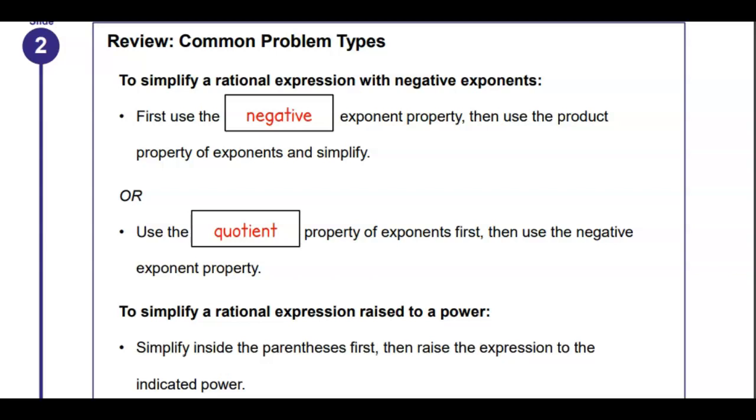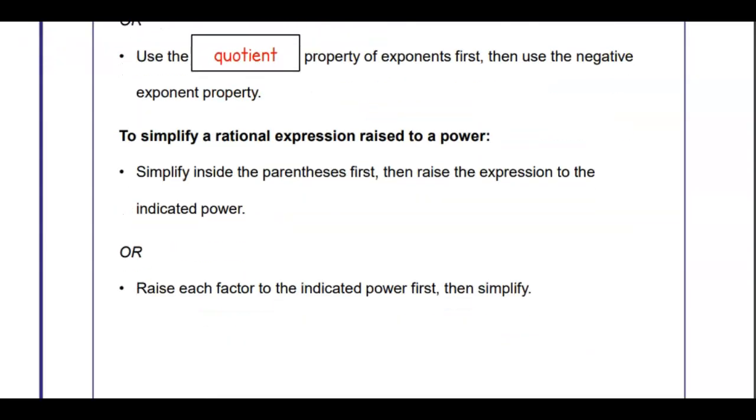To simplify a rational expression raised to a power, simplify inside of the parentheses first, and then raise the expression to the indicated power. Or you can raise each factor to the indicated power first and then simplify. The big takeaway is that there are multiple approaches.